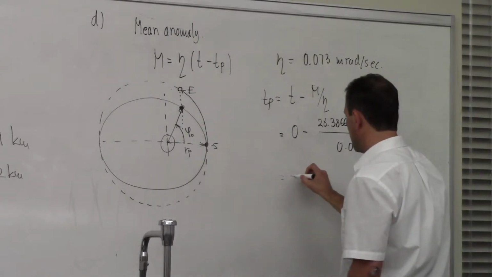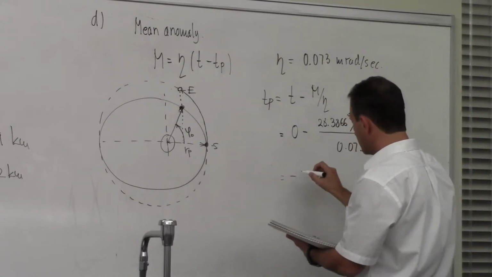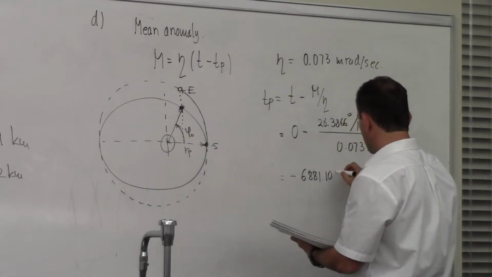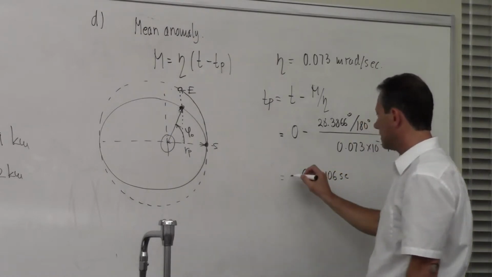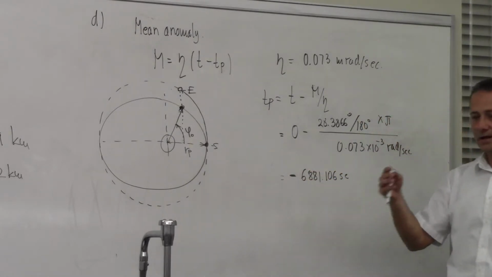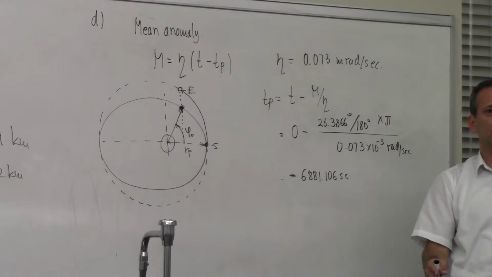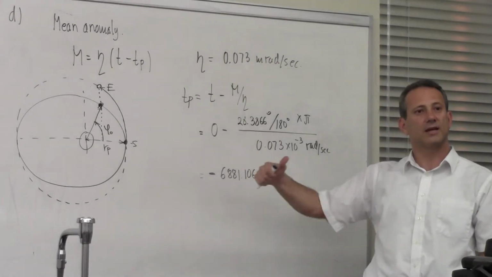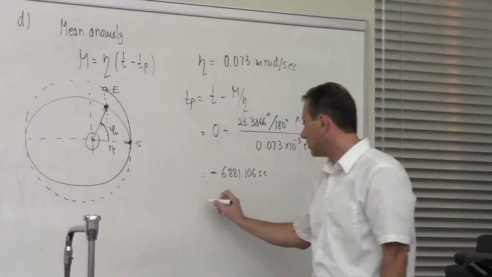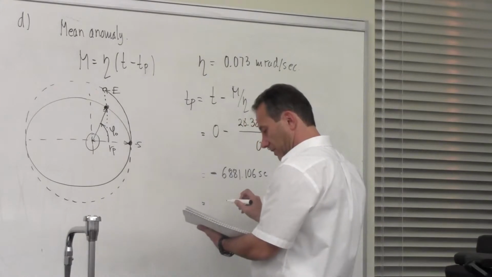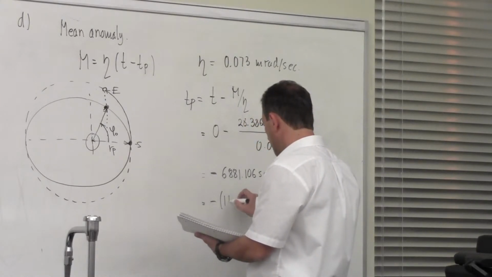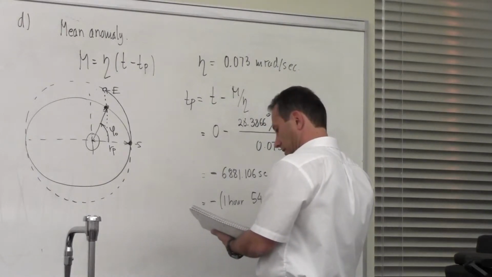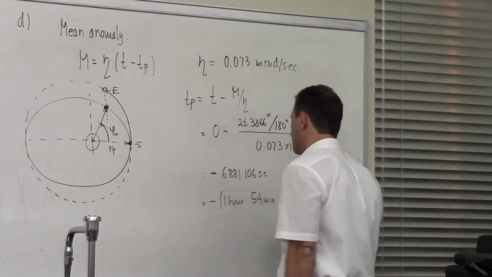So this gives me minus 6,881 seconds. So again, how can the time be negative? Well, relative to the time where I'm taking the measurements, this is when I went through perigee. So it was about 6,800 seconds ago, right? Turning this into hours, this is minus 1 hour, 54 minutes, and 41 seconds ago that I went through perigee.